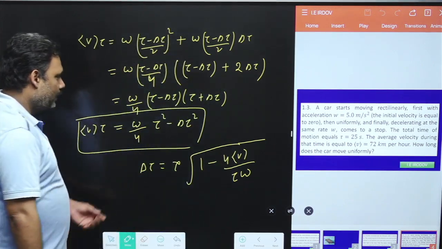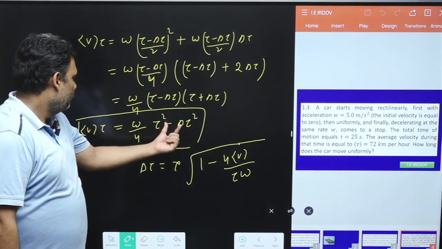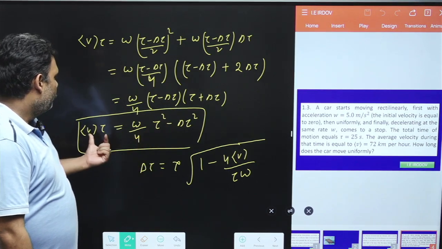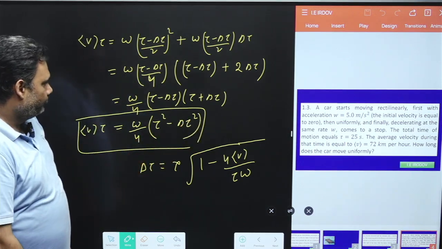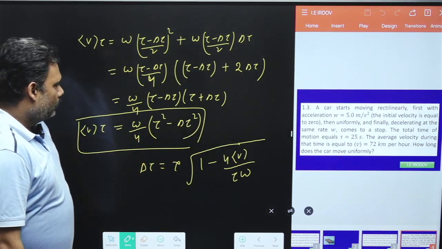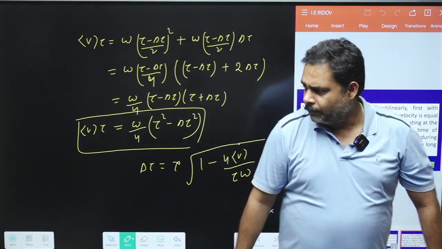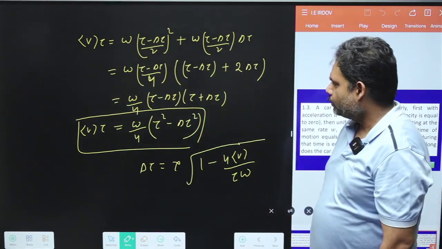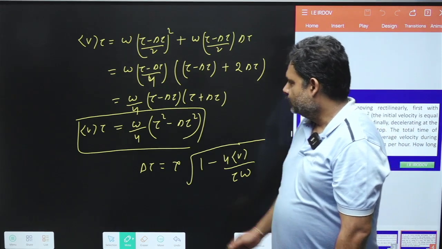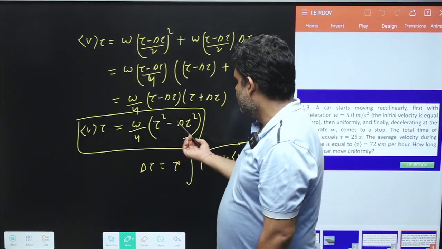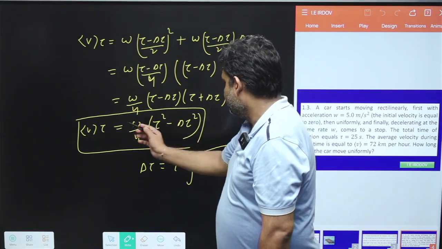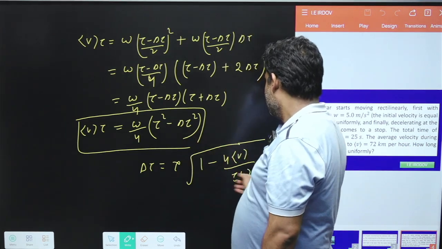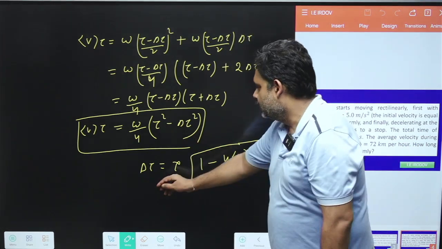You can just correct it. So this is something like this actually. So we can check it. We can just see that 4v by omega is there, and delta t will be minus tau square, and that will be the answer. So this is the correct answer.